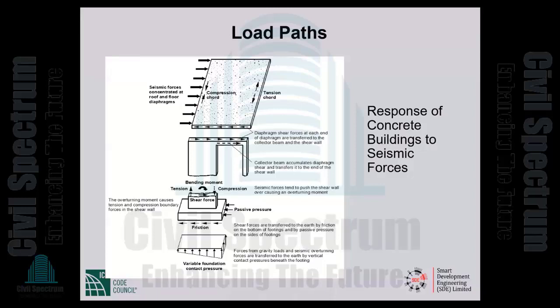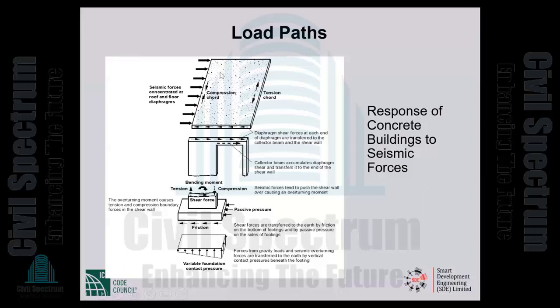Okay. So we are looking at the roof slab of a building. It is subject to inertia forces from left to right because the foundation underneath is moving from right to left. Those inertia forces cause in-plane bending of the roof slab.